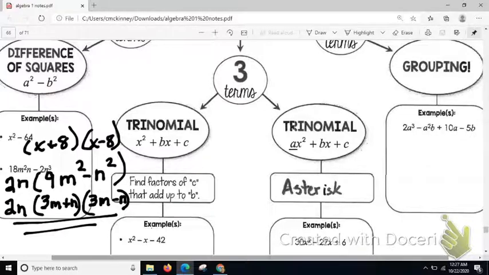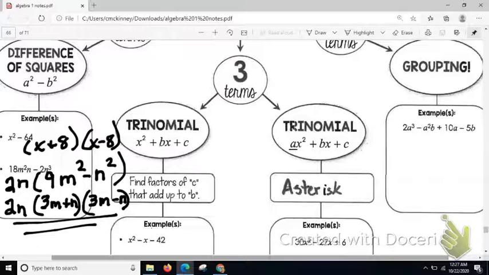Then that part inside that big parentheses, now that is actually a difference of squares. So then I've broken that down using our normal difference of squares pattern, 3m plus n and 3m minus n. That 2n that was the greatest common factor is still part of our final answer.